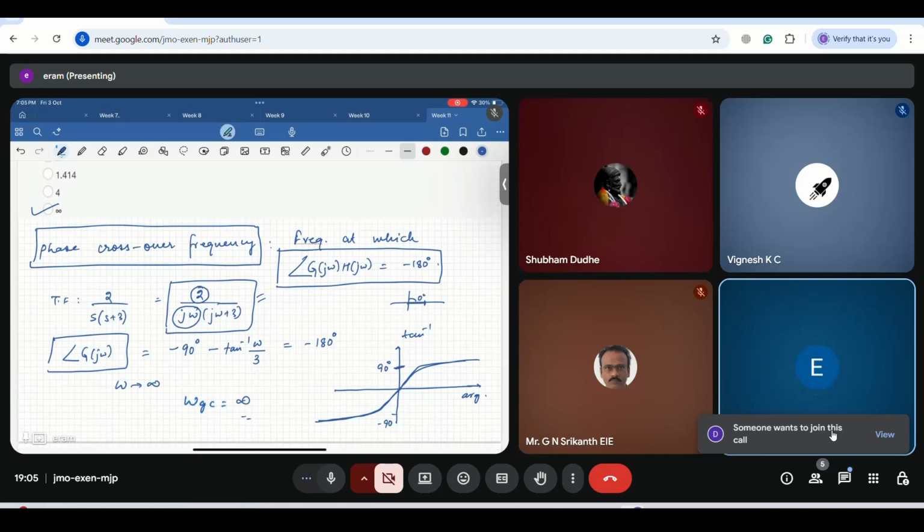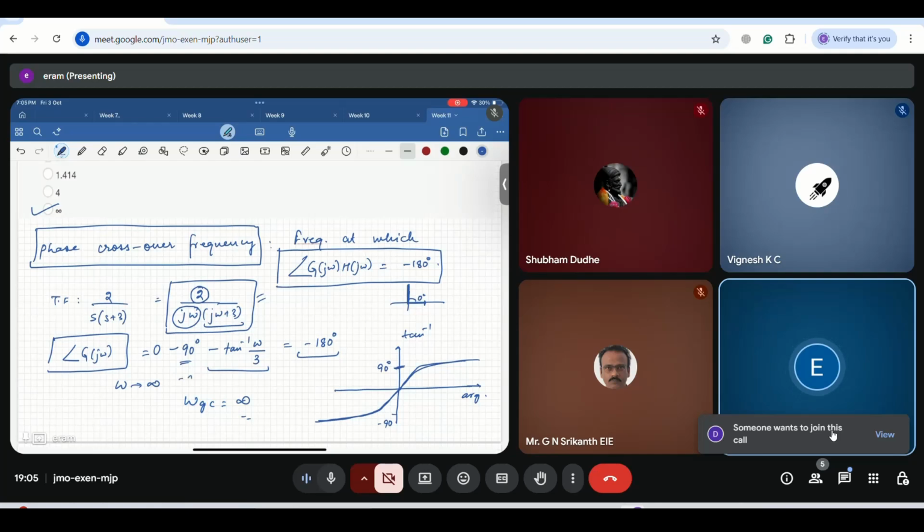And what is j omega? j omega lies on the y-axis, that means it is an angle of 90 degrees. Similarly, we have taken the phase for j omega plus 3, that is tan inverse of omega by 3. Now that should be equal to minus 180 degrees.